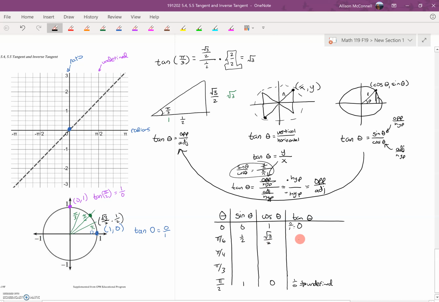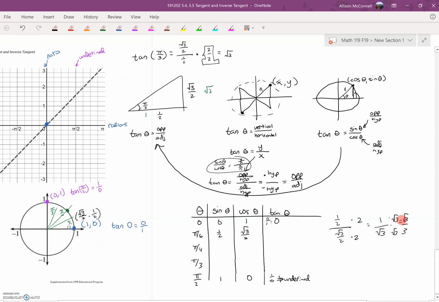And then we have 1/2 over root 3 over 2, which simplifies to 1 over root 3, and then we get root 3 over 3.